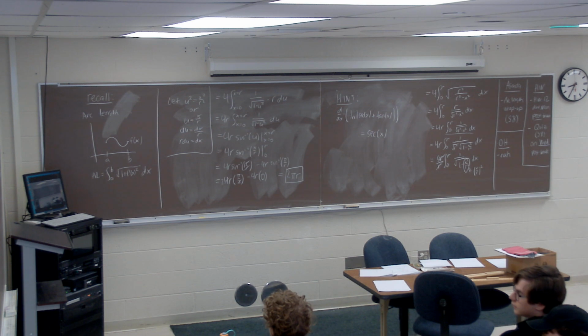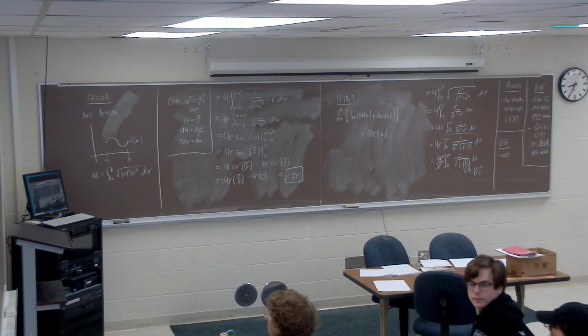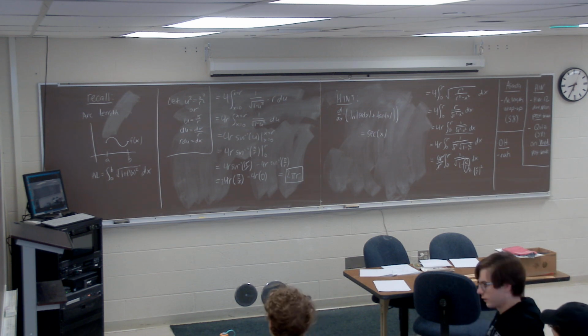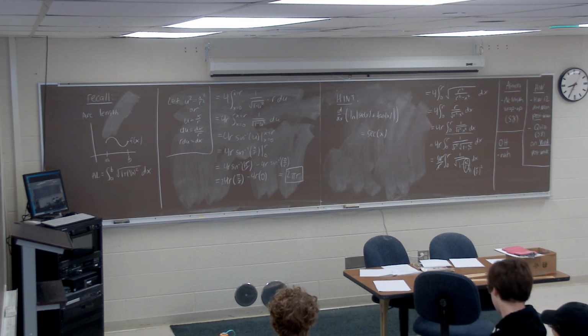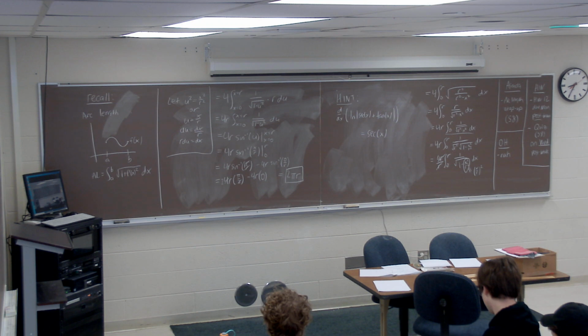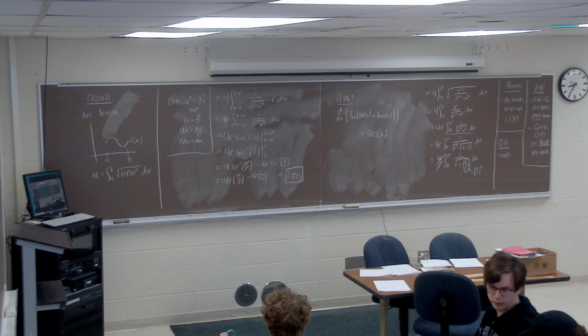Ask James, actually. What do you do with that? Well, first of all, what's the derivative of secant? It's secant x tangent x. And what's the derivative of tangent? Secant squared x.